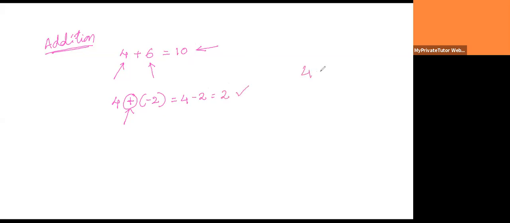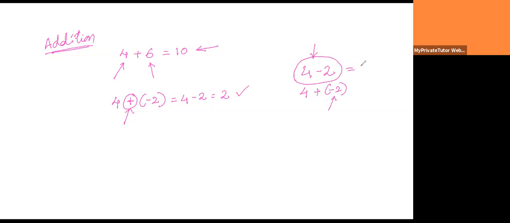So 4 minus 2 is the same as 4 plus -2. So subtracting 2 from 4 is the same as adding -2 to the number 4. I'm repeating again: subtracting 2 from 4 is the same as adding -2 to the number 4.